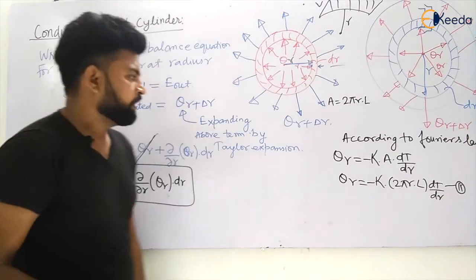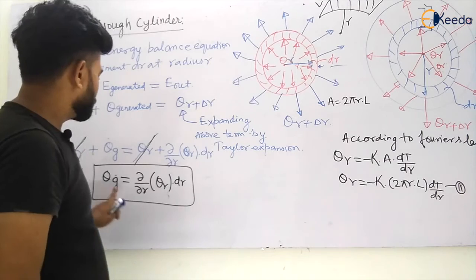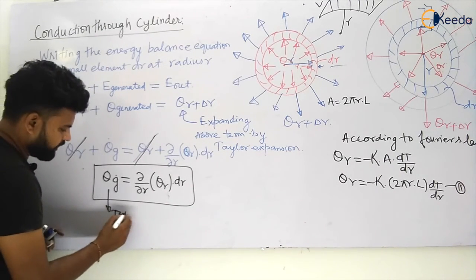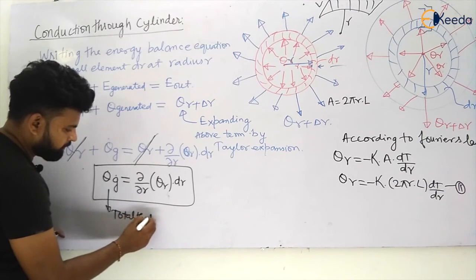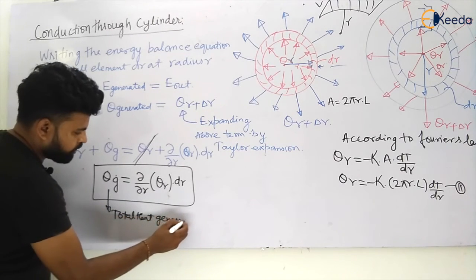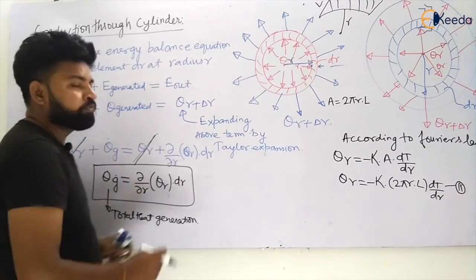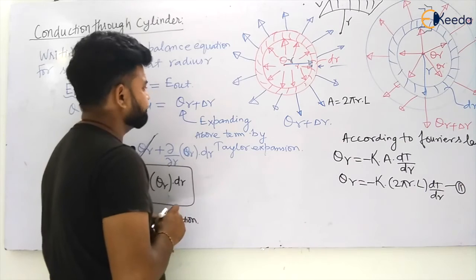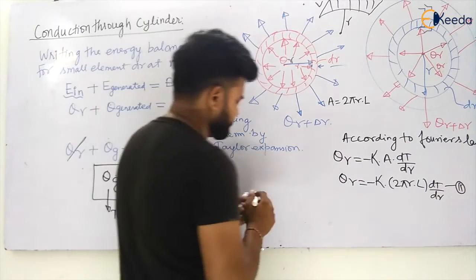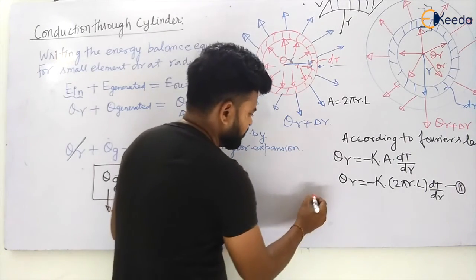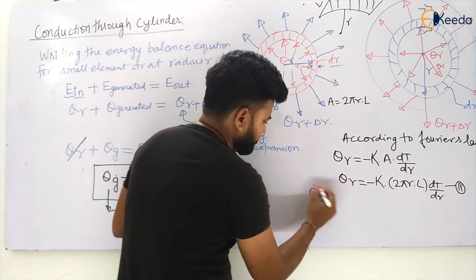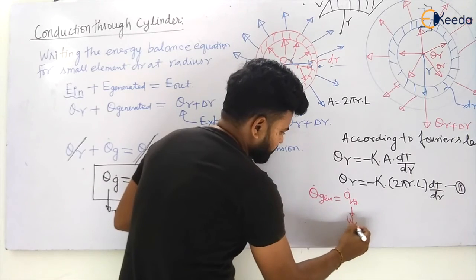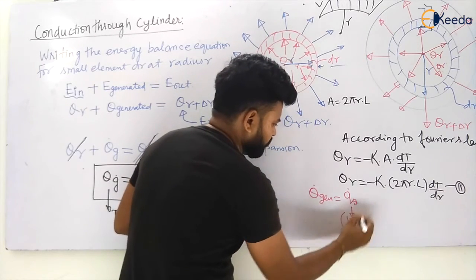Now what will be the Q generation? This is the total heat generation. So what will be the heat generation per unit volume? So the total heat generation, that is Q generation, can be given by Q generation per unit volume, which is watt per meter cube, multiplied by volume.